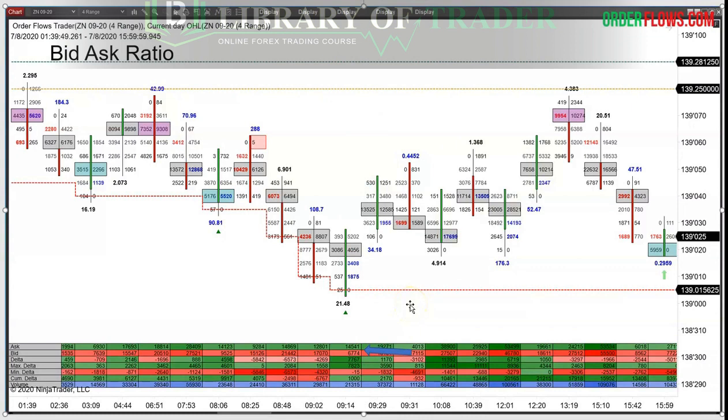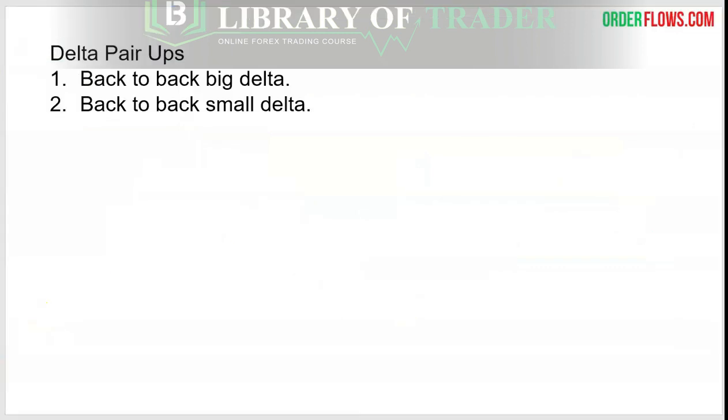So again, try to get your head around the type of chart that you're using and how the chart is formed. But this bid-ask ratio is actually a very powerful tool. We're currently working on a program to trade certain markets specifically using this analysis, and it's quite powerful.